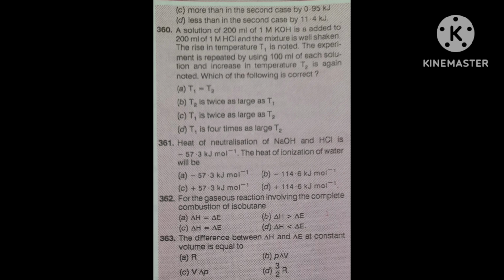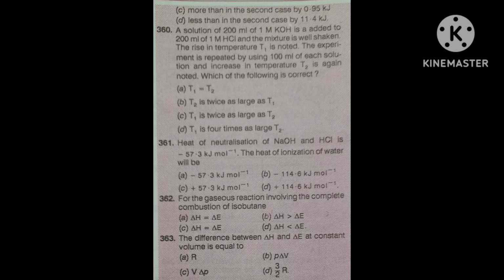Heat of neutralization of acid and base. So the second reaction, Q2, is the heat of neutralization of a strong acid with a strong base. And Q1, the first reaction, is that of a weak acid.